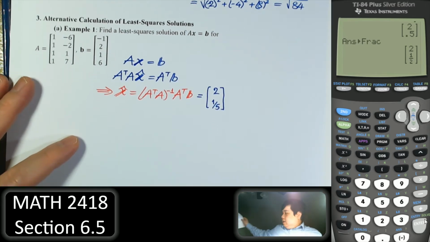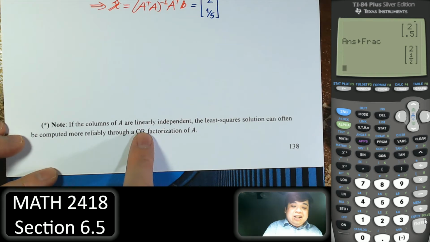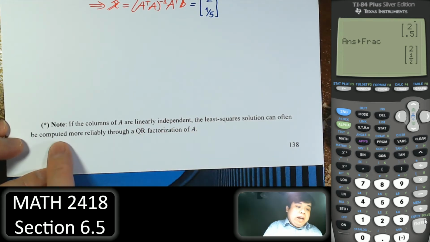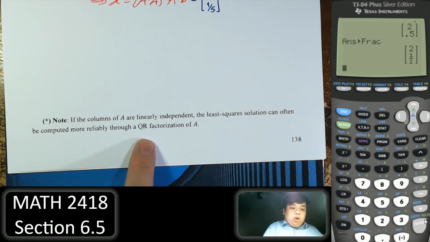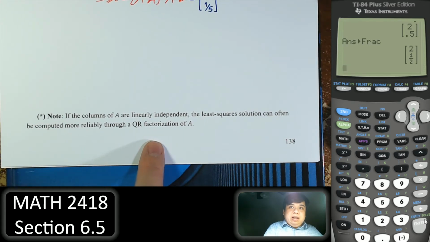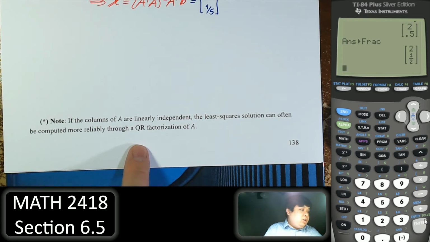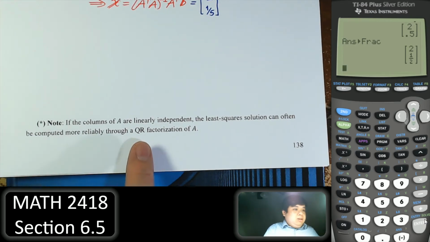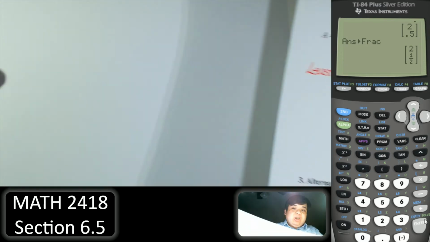Right. Next. Note, if the columns of A are linearly independent, the least square solution can often be computed more reliably through the QR factorization of A. However, we did find the QR factorization done by hand is very impractical.